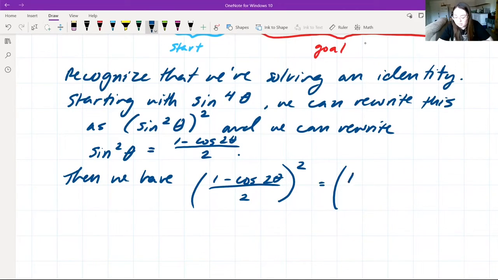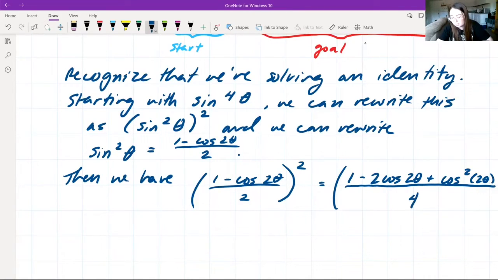So what we end up getting is 1 minus 2 times cosine of 2 theta plus cosine squared of 2 theta. And this is all over 2 squared. So this will be 4.